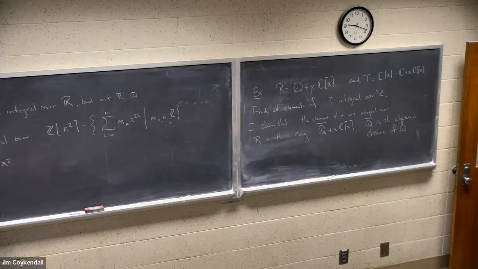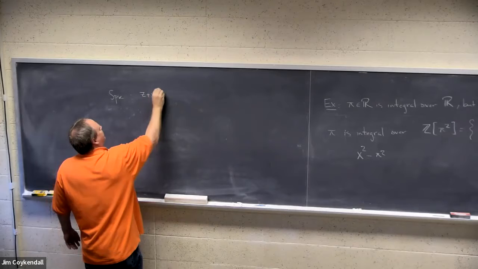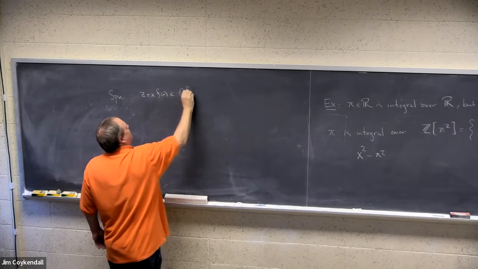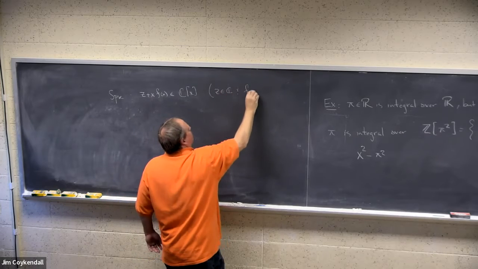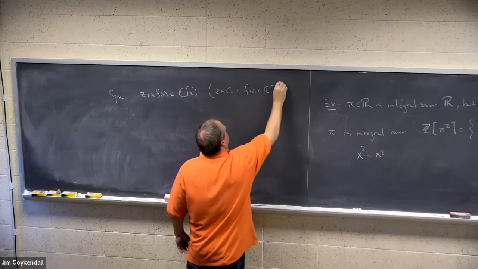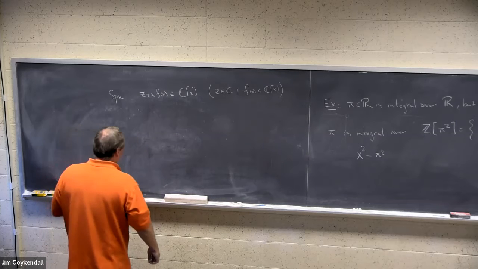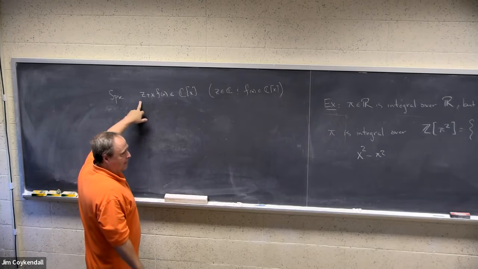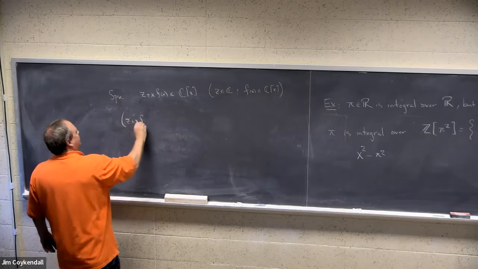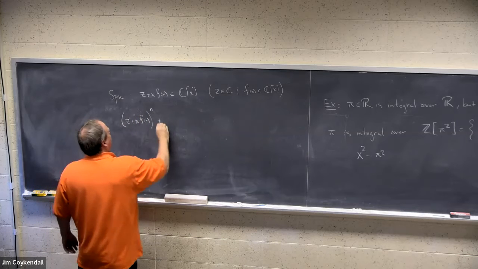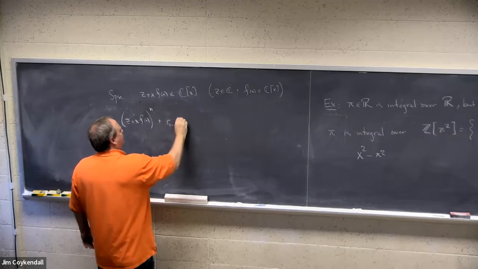So suppose, let's say, z plus x f(x), where z is in C and f(x) is in C[x]. Now let's suppose that this is integral over R. Right. So m plus r_{n-1} x.